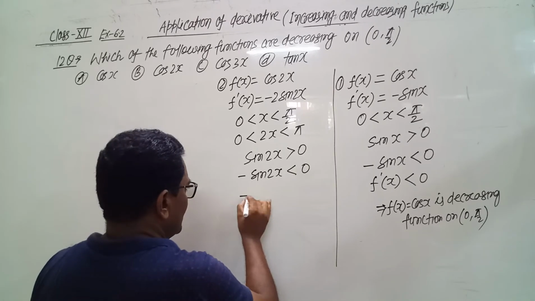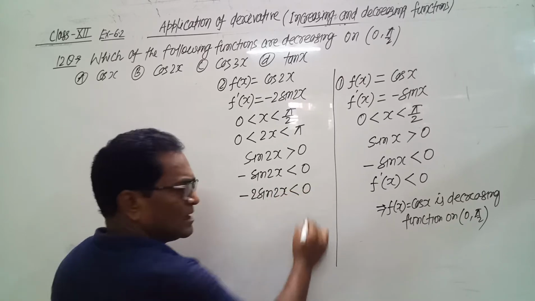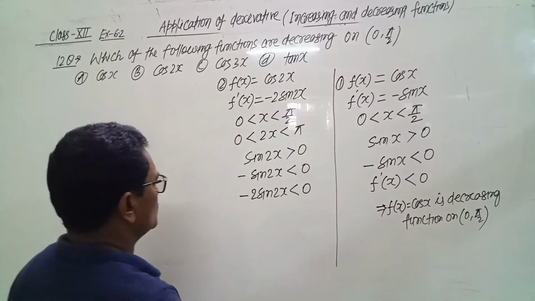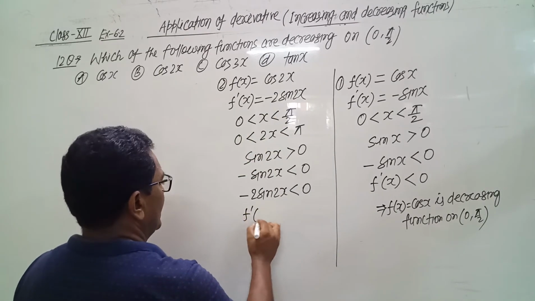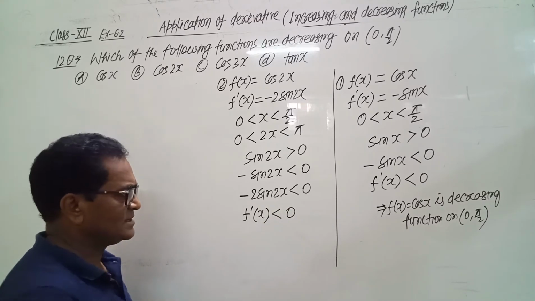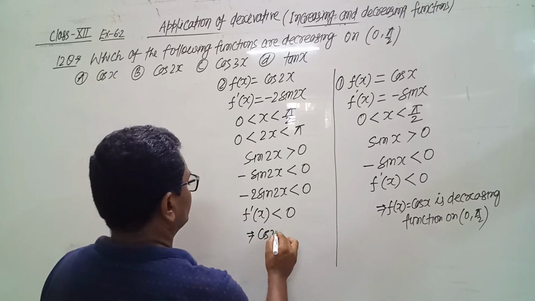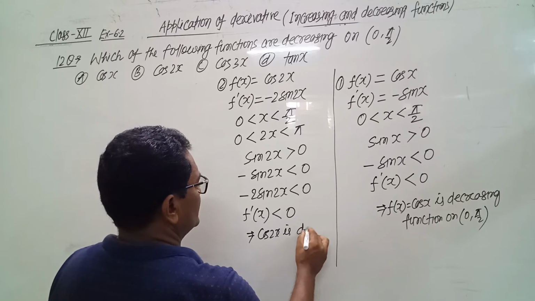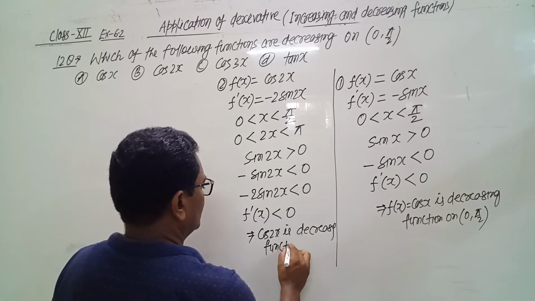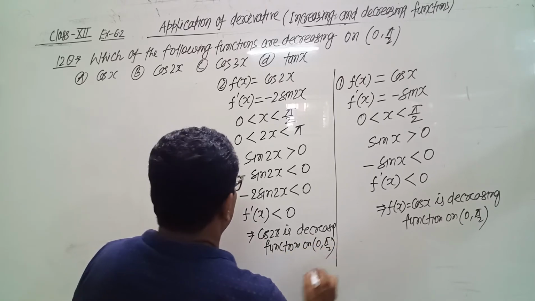When we multiply by 2, minus 2 sin 2x is again less than 0, and at the place of minus 2 sin 2x we can write f dash x is less than 0. So f dash x is less than 0 means cos 2x is a decreasing function on the interval 0 to pi by 2.